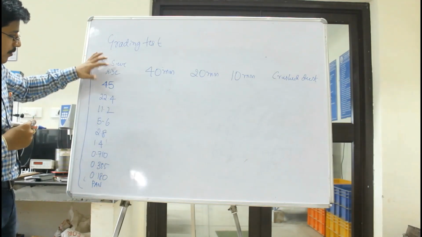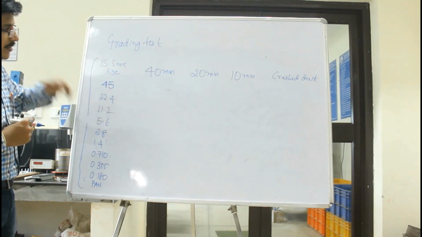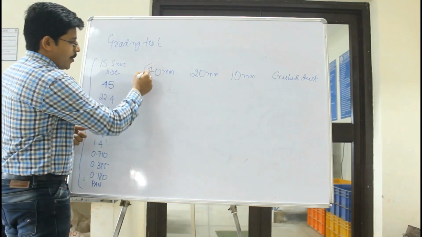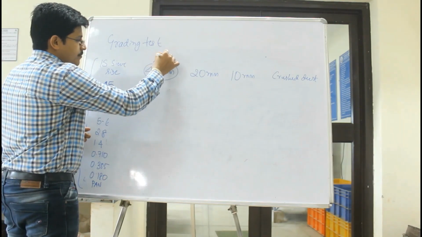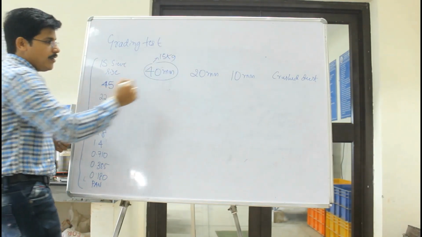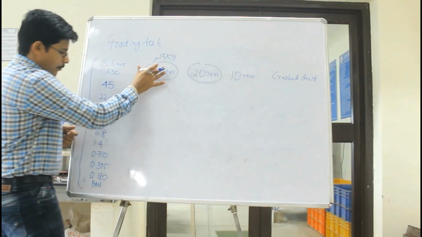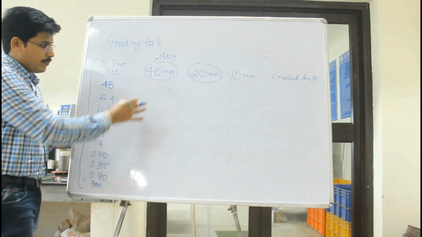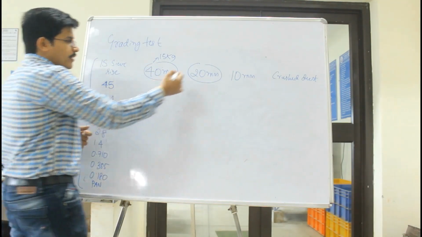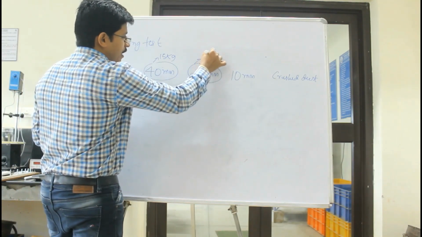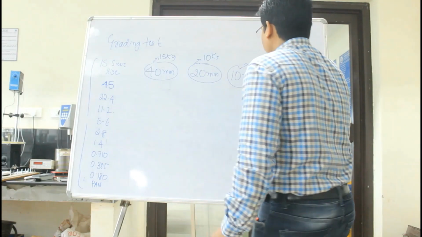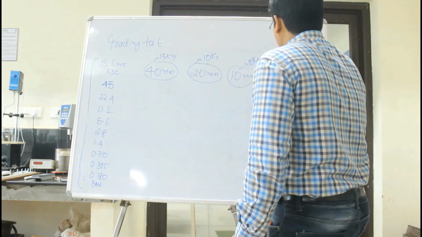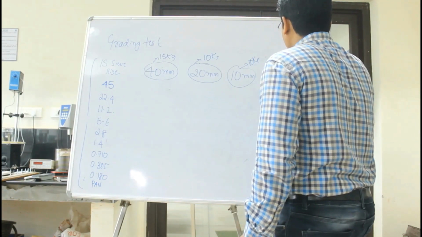So we will arrange in this order, then put in each aggregate stockpile. For 40 mm, we will place approximately 15 kg. Similarly, for 20 mm, let's say around 10 kg. For 10 mm, around 10 kg. And for crushed dust, let's say around 5 kg.